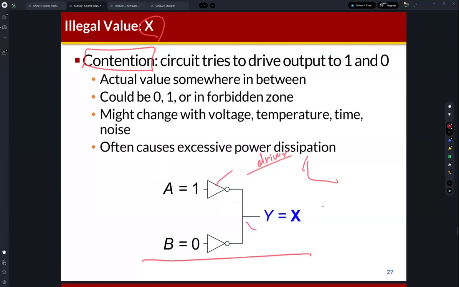And then actually, what's the problem? We cannot figure out the exact value of this node. So why? For example, if this inverter is driving value 1, and also the other inverter is driving value 1, then obviously the output is 1, right?